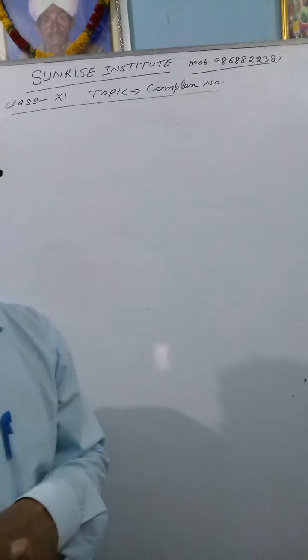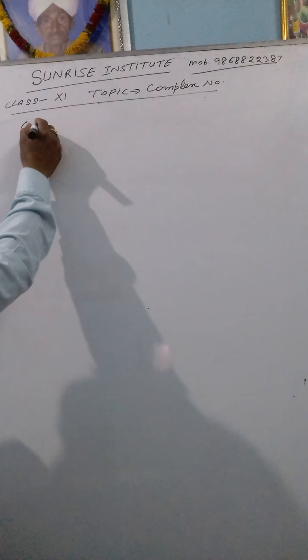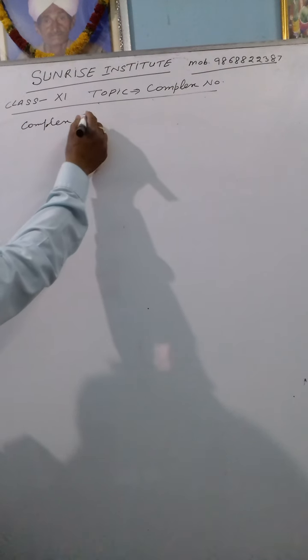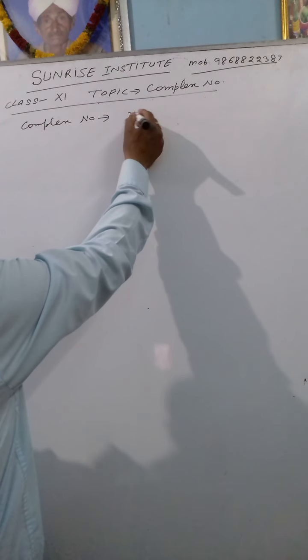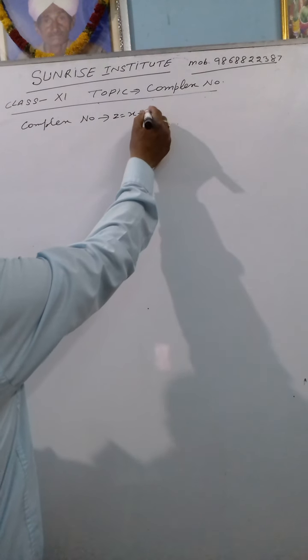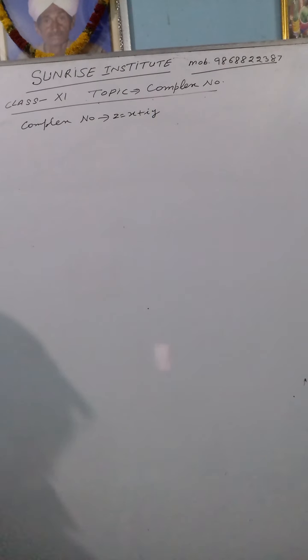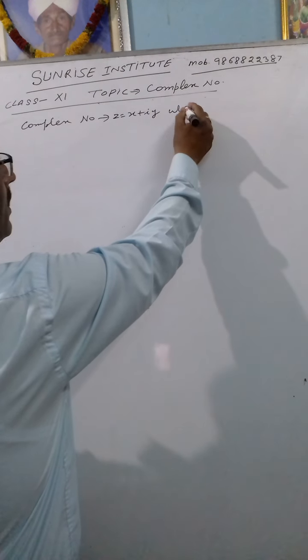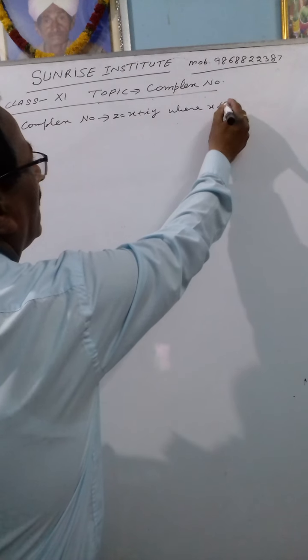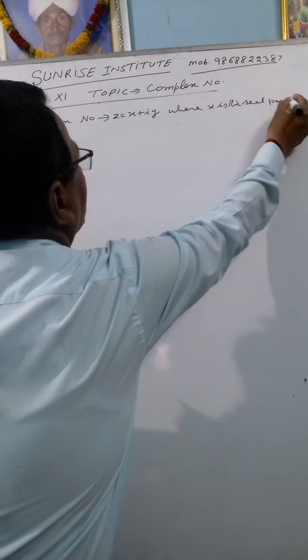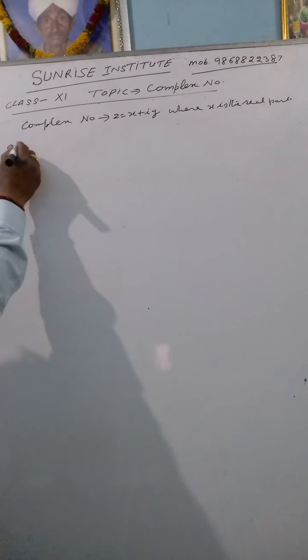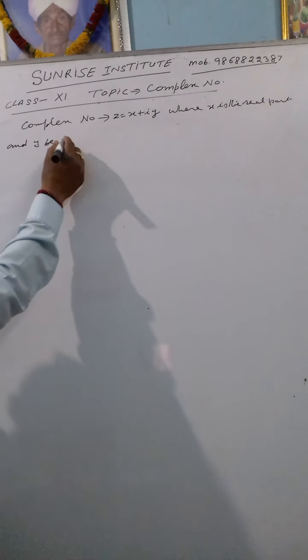Complex number: a number of the form x plus iota y. Let z equal x plus iota y, where x is the real part and y is the imaginary part.